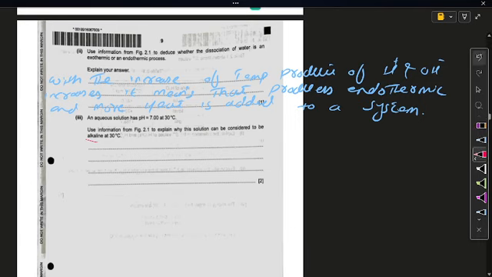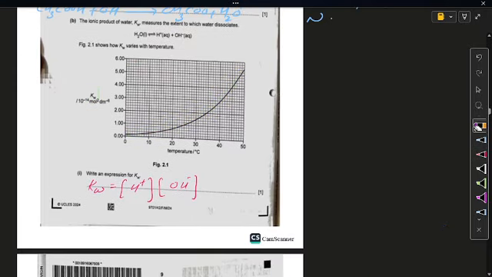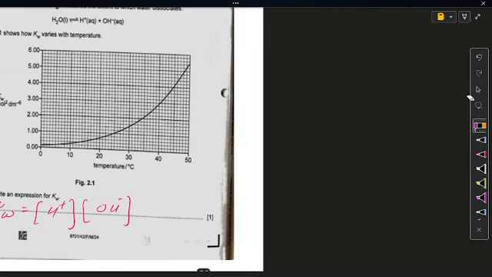If you go back to the graph, you can see 30 degrees. Let me zoom in, and at 30 degrees, that point, its value seems to be lying over here somehow. So you will count: it's at 30 degrees, its value seems to be 1, and 5 boxes between 1 to 2.